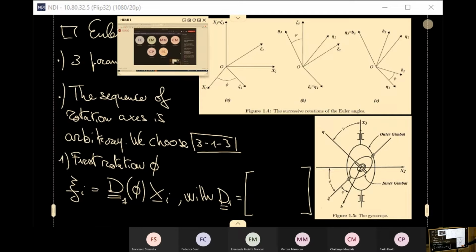It's a rotation matrix in the 3D space about an axis which is x3. So I would say, if you agree, that we have something like this, first of all. No? Because the plane of rotation is the plane x1, x2, right?